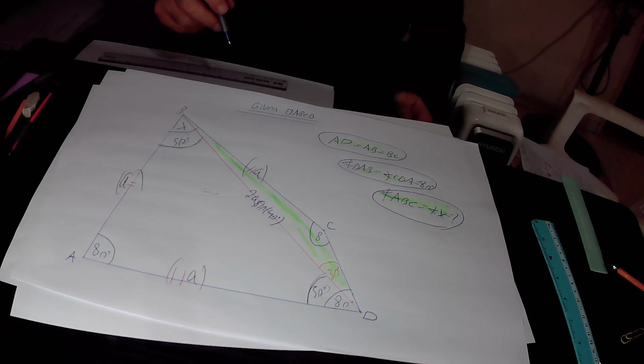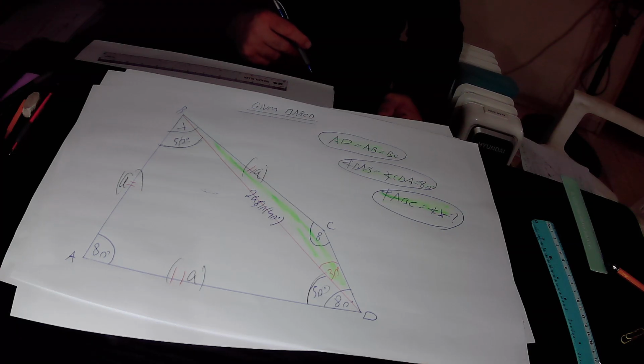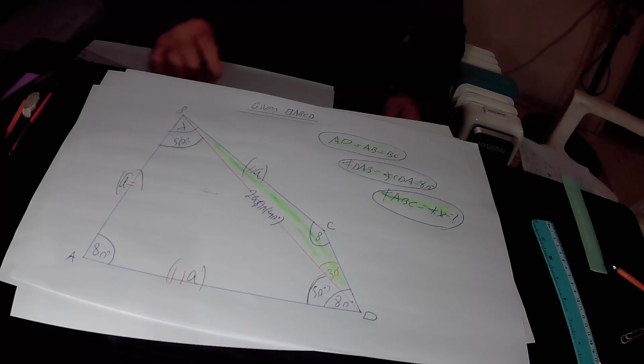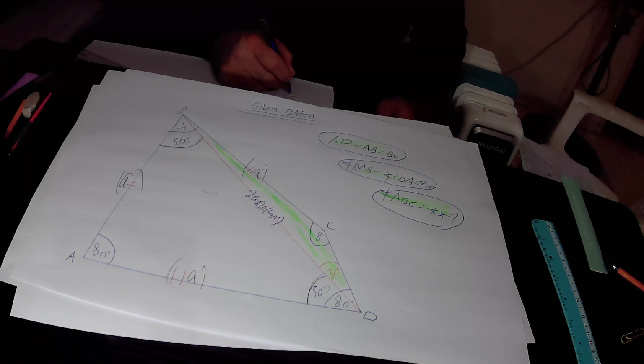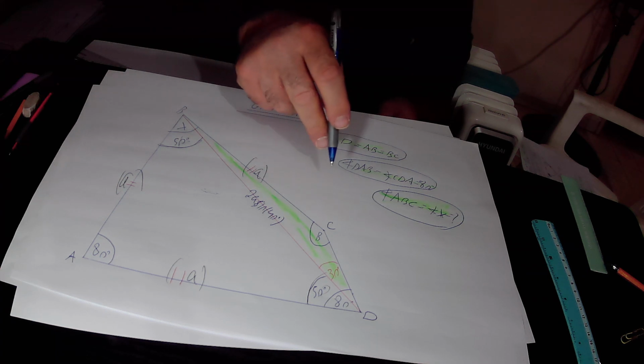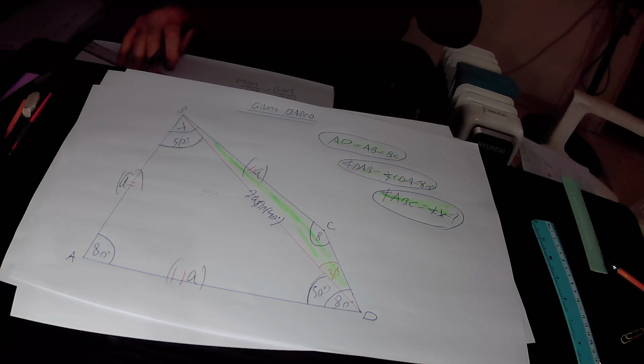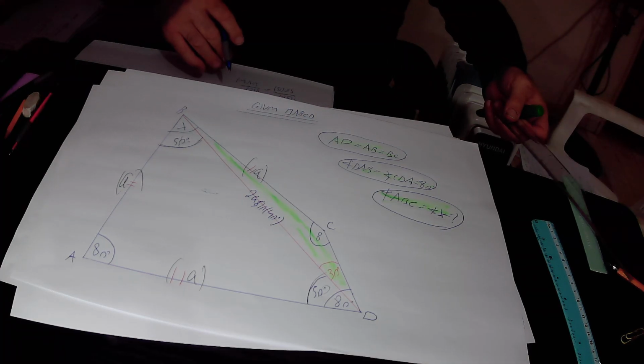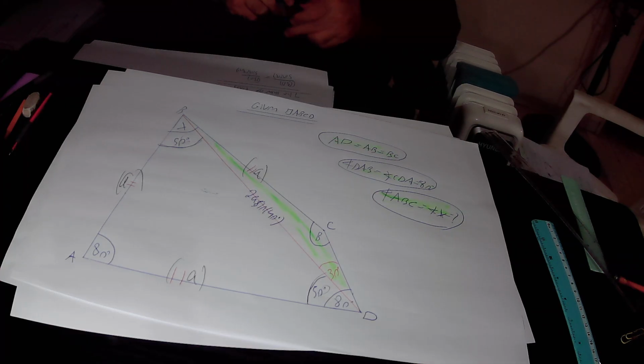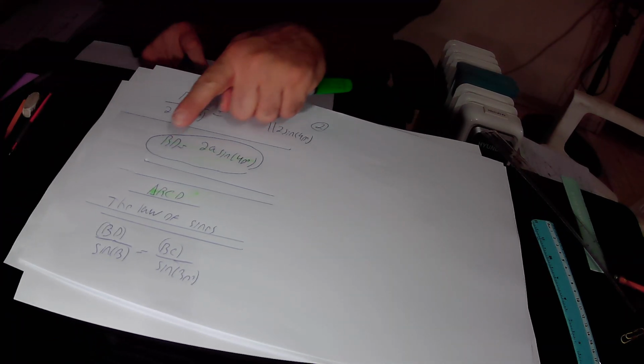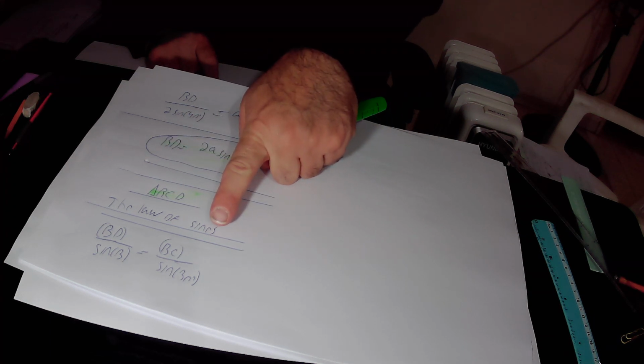According to the law of sines, in this green triangle BCD, the following equation is true: BD over sine beta equals BC over sine 30 degrees.